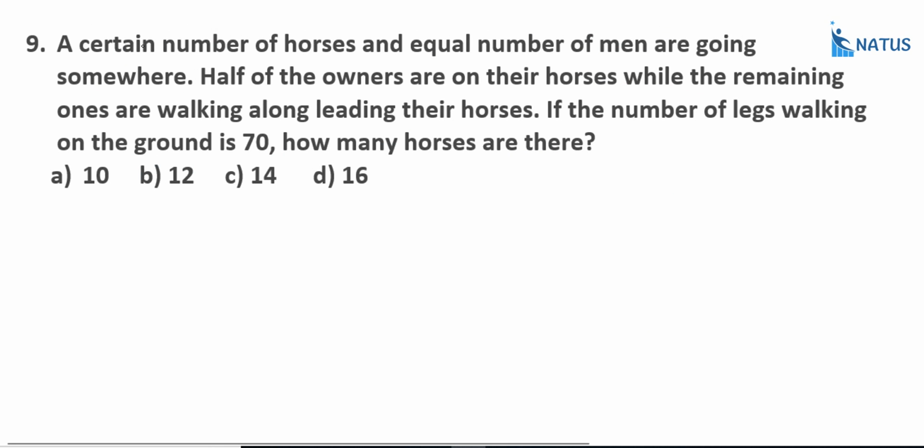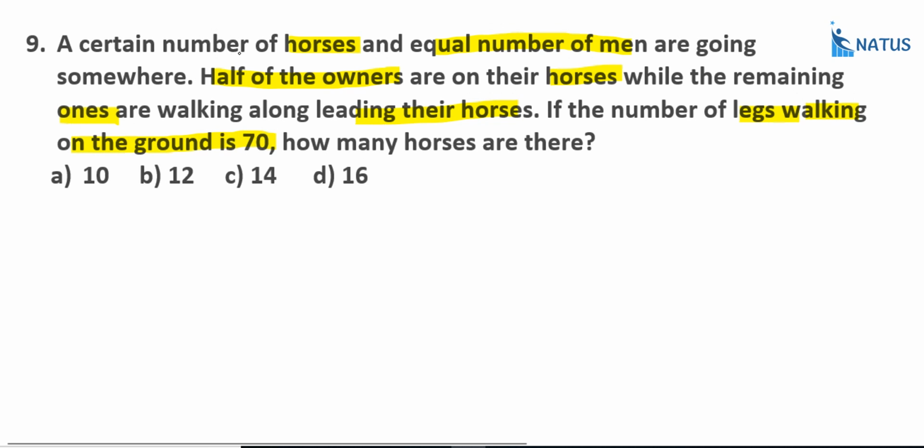Ninth one. In a certain number of horses, an equal number of men are going somewhere. Half of the owners are not on their horses, while the remaining ones are walking along, leading their horses. If the number of legs walking on the ground is 70, how many horses are there?